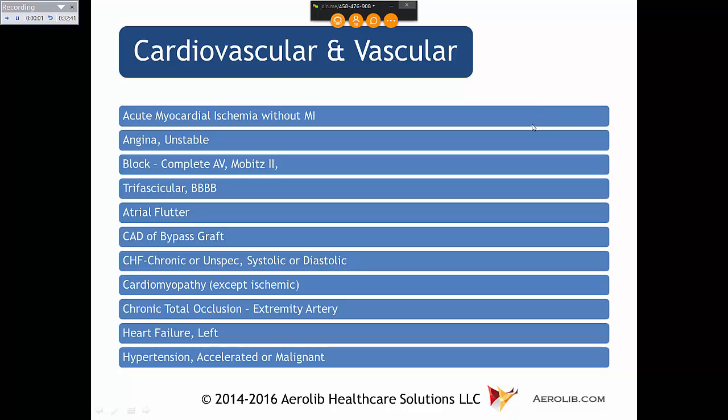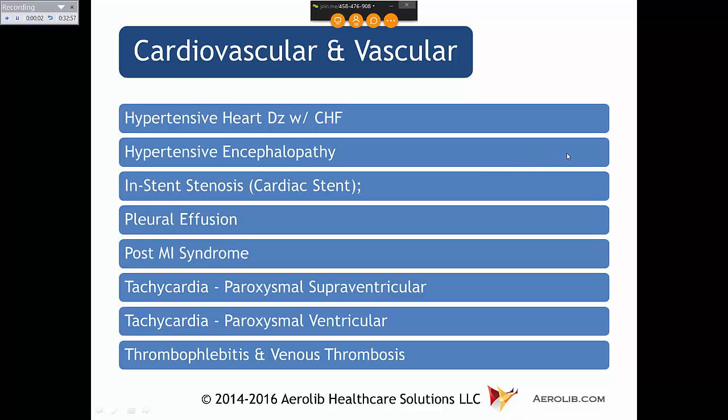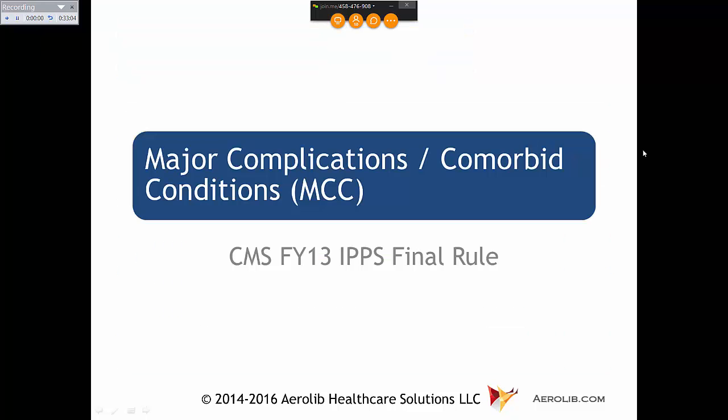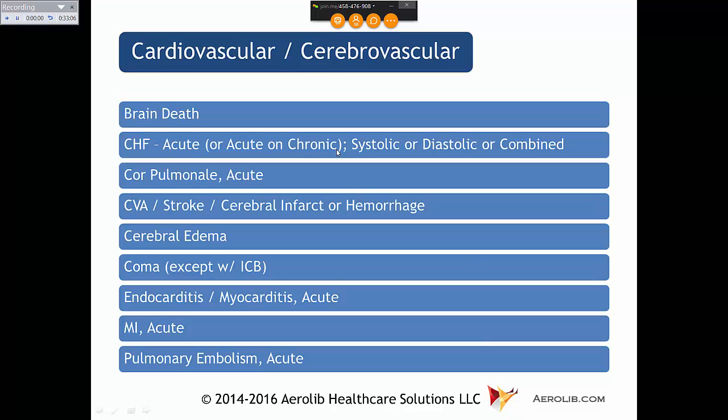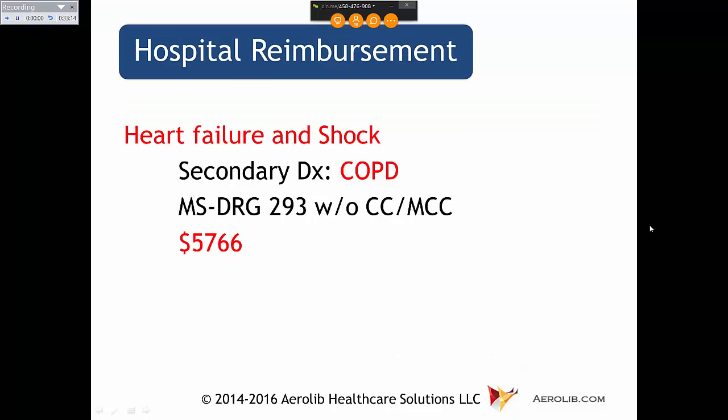For cardiovascular, they've talked about acute MI, unstable angina, blocks, flutters, the absence or presence of previous CABG surgery, and then hypertension, accelerated or malignant. Feel free to pause on this slide and review it at your leisure, to see what it is about the CCs and MCCs. There's obviously brain death, CVAs, coma, endocarditis, again adding severity that this patient needs to be in the hospital.